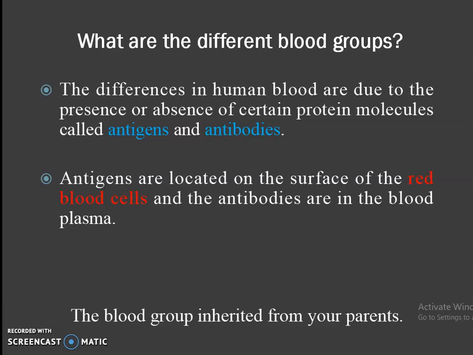Antigens are located on the surface of red blood corpuscles, and the antibody is normally present in the blood plasma, released by the immune system. The blood group is inherited from your parents.